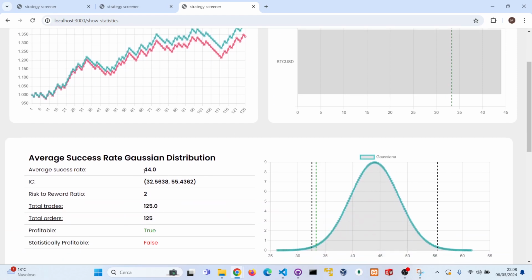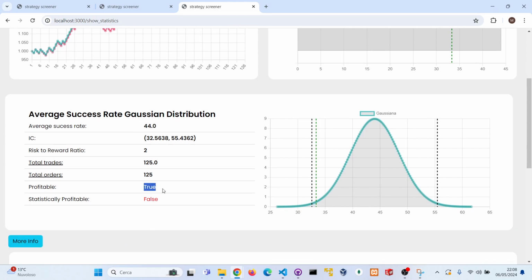The average success rate is 44. For a 2 to 1 reward to risk ratio, it's really good, but what is not good is that the number of trades is very, very low. And our confidence interval doesn't go past the average success rate to break even. So this strategy is profitable, but not statistically profitable.